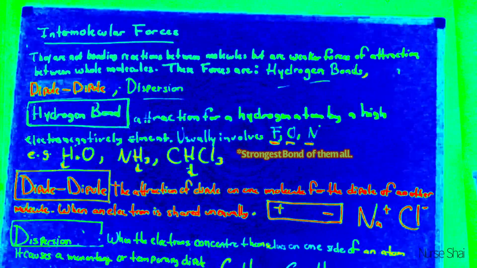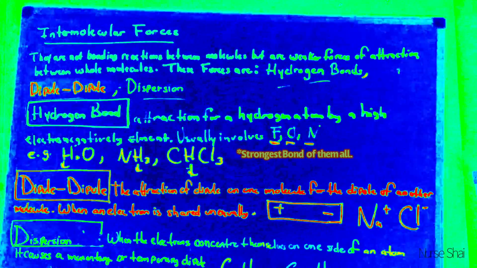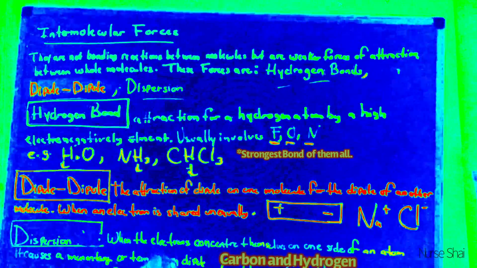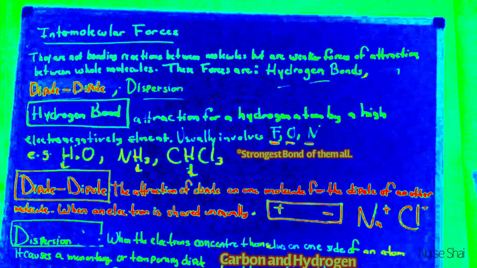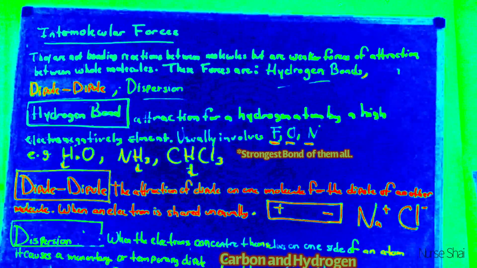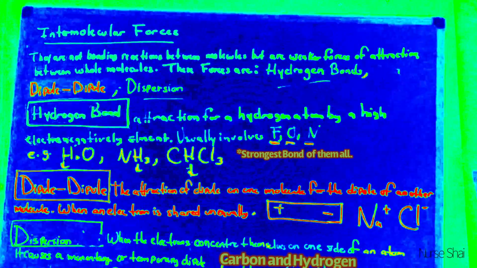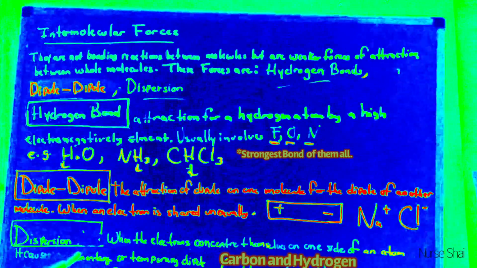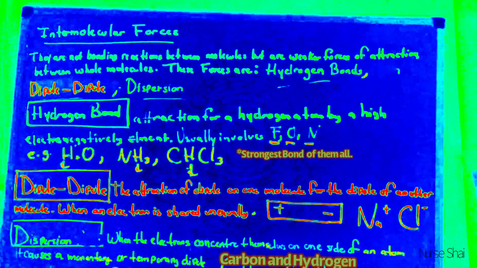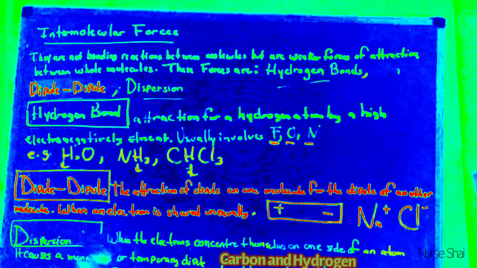One thing that has helped me to identify a dispersion bond is the use of carbon and hydrogen. So if you see an answer or an option that has carbon and hydrogen in there, that most likely is a dispersion. Like this one probably would be a dispersion bond. So if you see that, then you know that is that.